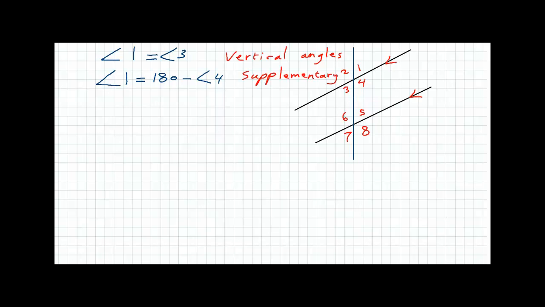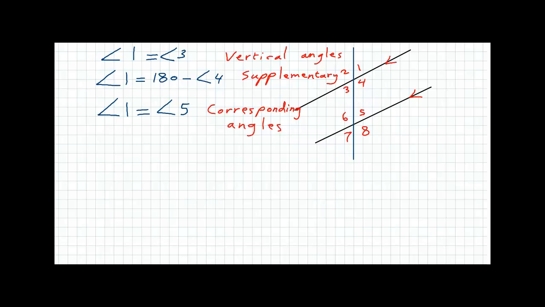Now we can say that angle 1 is also equal to angle 5 because these two angles are corresponding angles. Since angle 1 in the upper intersection lies on the upper side to the right, angle 5 is also lying in the same position in the lower intersection, up to the right.